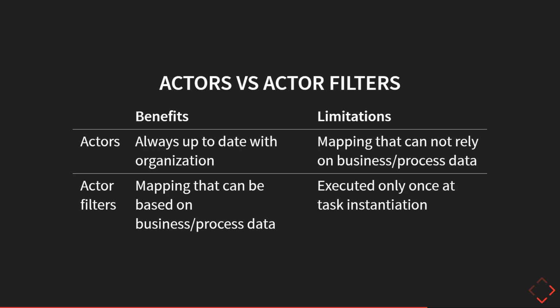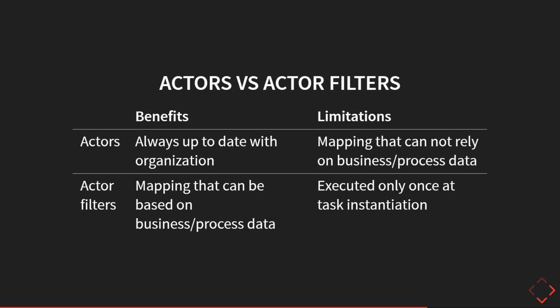The limitation is that it will only be executed once. So if you produce a list of candidates with an actor filter, and the organization changes, this will not be reflected immediately until you refresh the actor filter using the Bonita engine API.